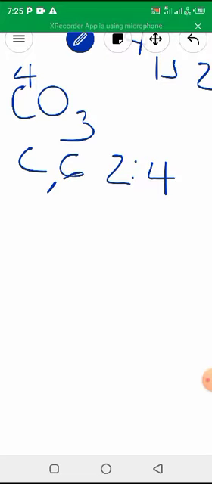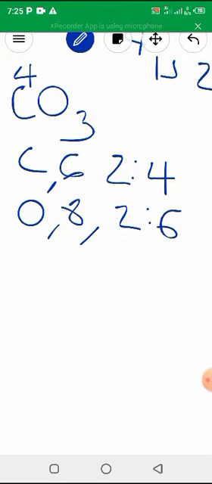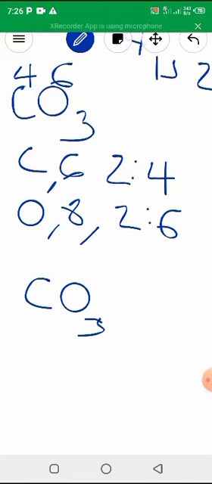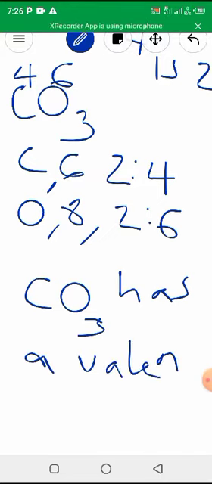Then oxygen, atomic number is 8, configuration is 2, 6, meaning that it has a valence of 2. 2 times 3 is 6, and the valence now becomes 6 minus 4, which is 2, meaning that the valence of a carbonate, CO3, is 2.